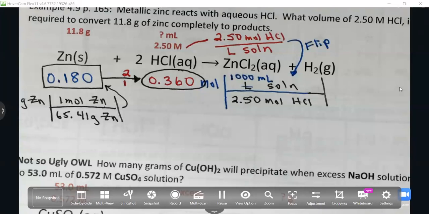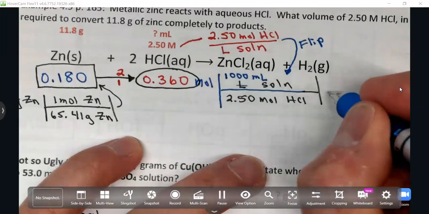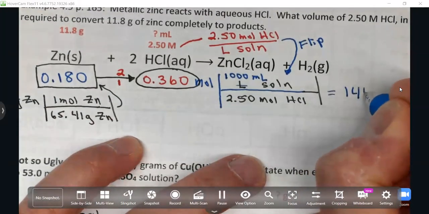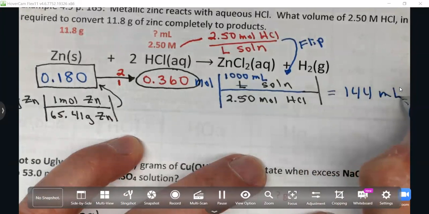So grab your calculators and we've got 0.36 at 360 divided by 2.5, 144 milliliters. So we end up with 144 milliliters of HCl.